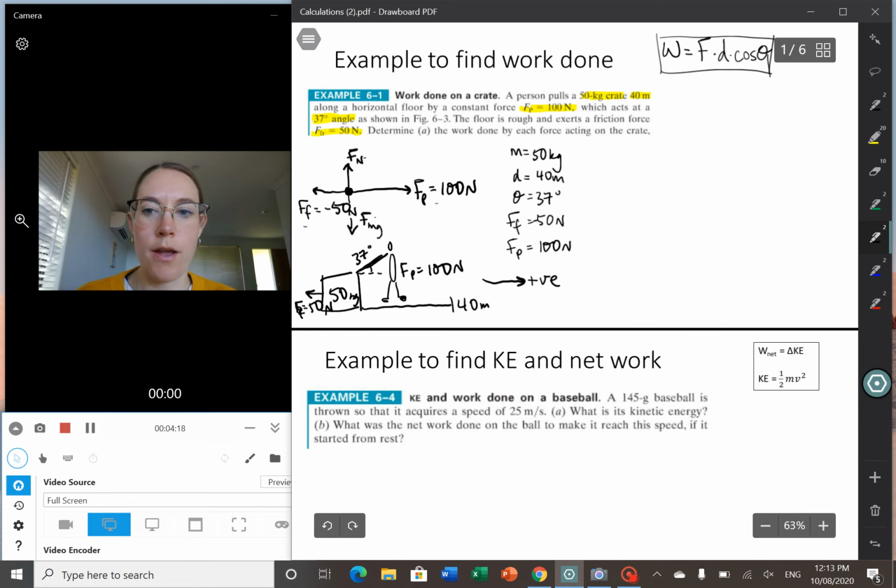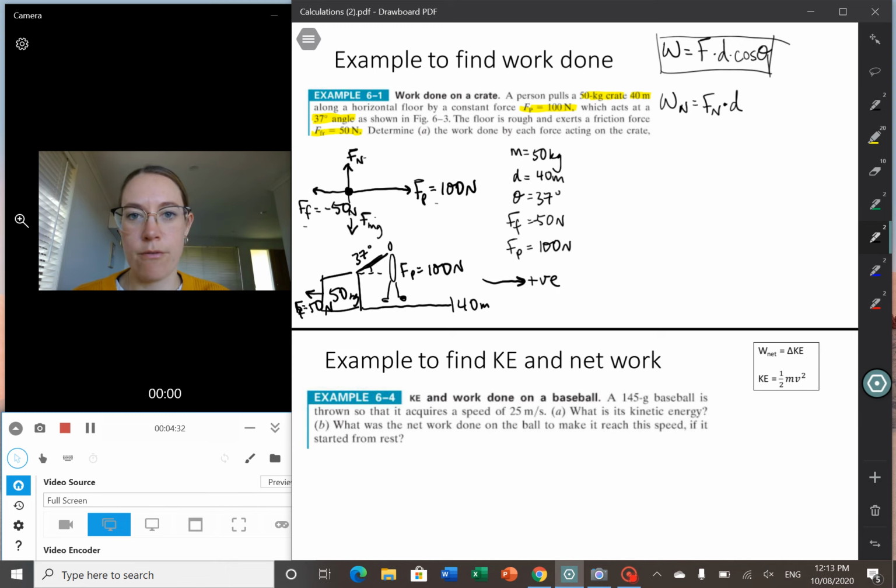I'll look at normal force first. So work done by the normal force is equal to the normal force multiplied by the distance travelled. Well, the distance travelled is equal to 0 meters. As I said, the crate's not flying up into the air. It's not going in an upwards direction.